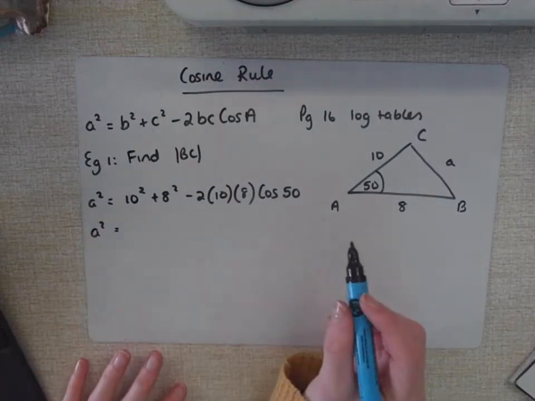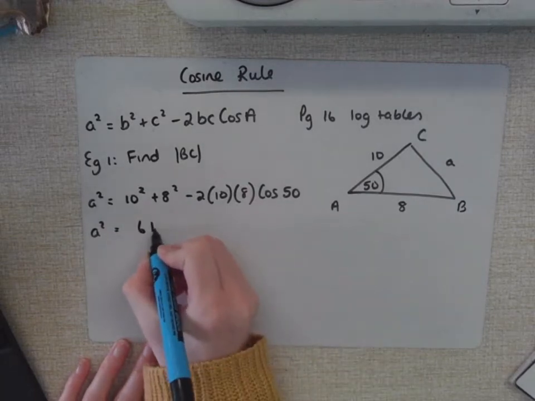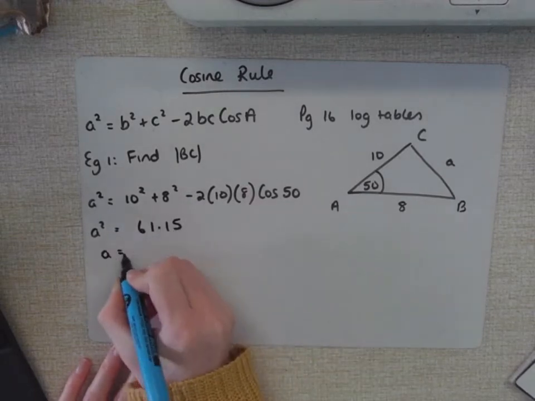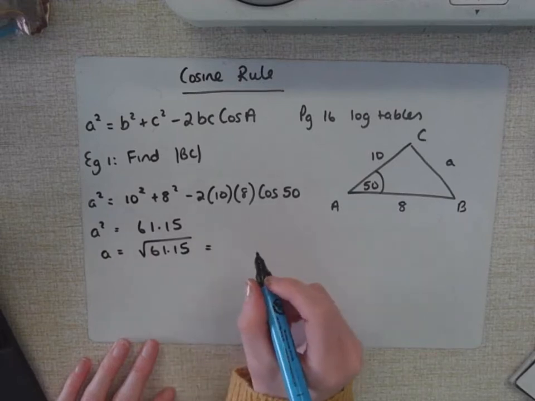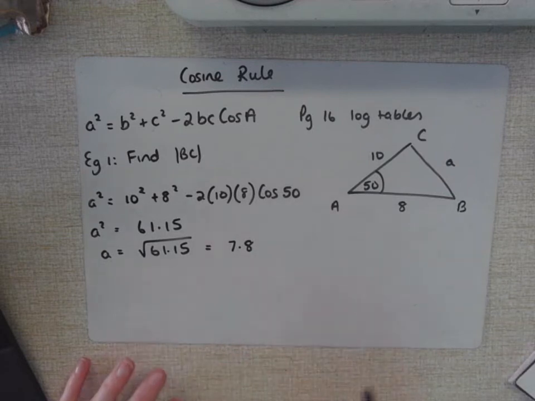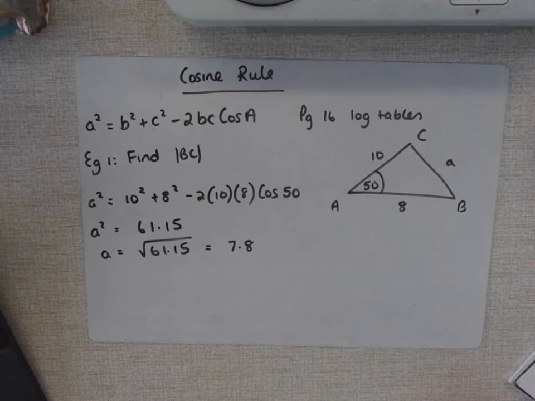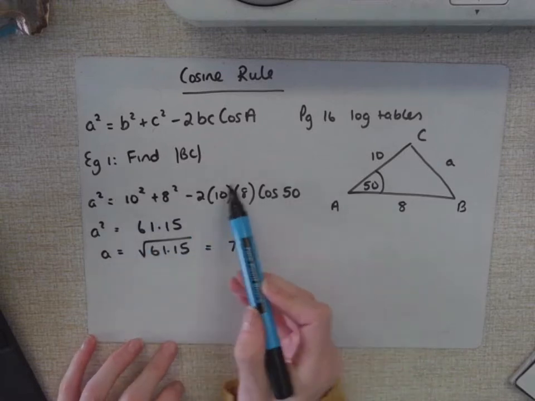So just throw it all into your calculator. You get A squared is 61.15, so A is the square root of that. I would just throw all of that into the calculator and get the answer.